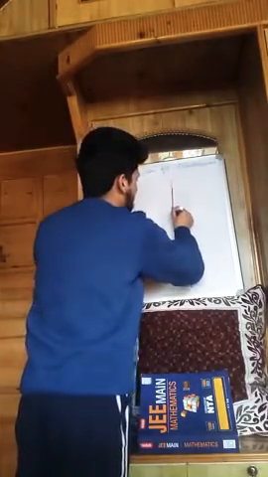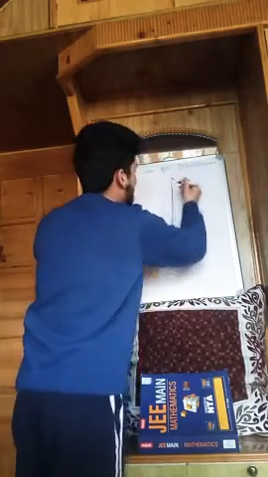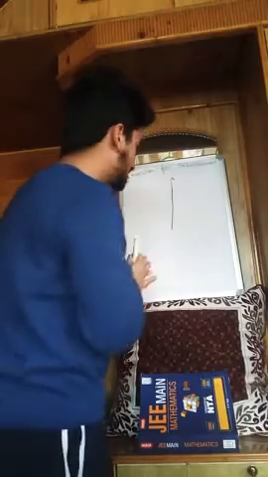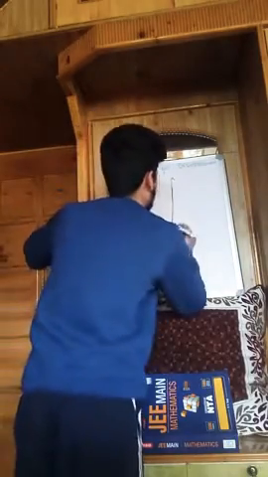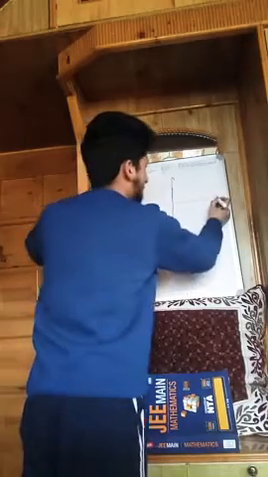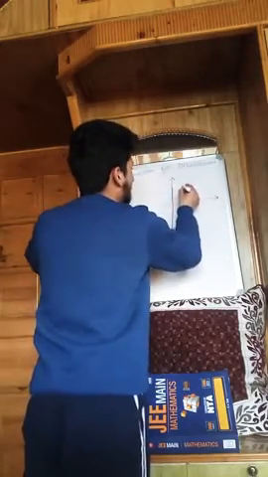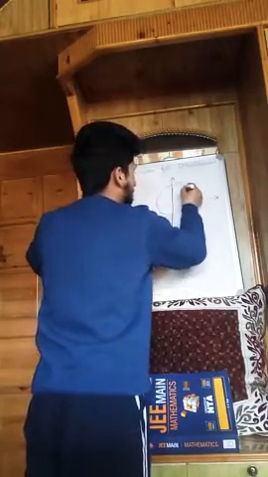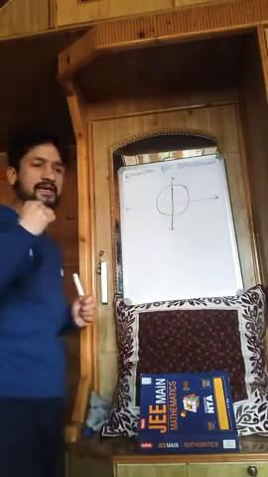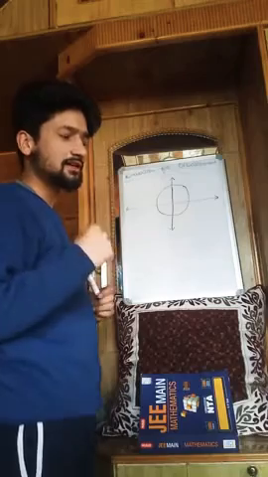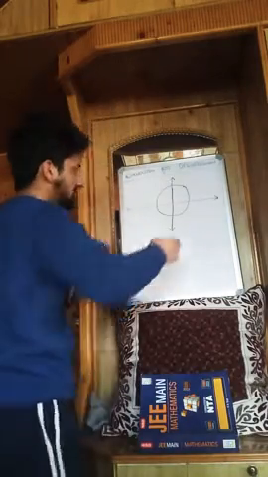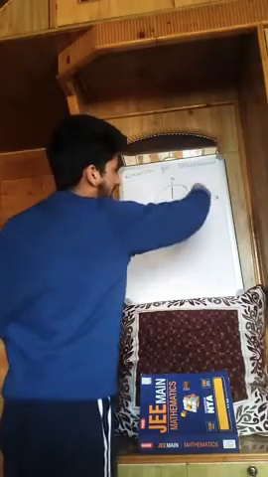Actually, this is the x-axis, this is the y-axis, and this is a circle. The motion of a particle executing simple harmonic motion can be represented by the motion of a particle in a circular path.